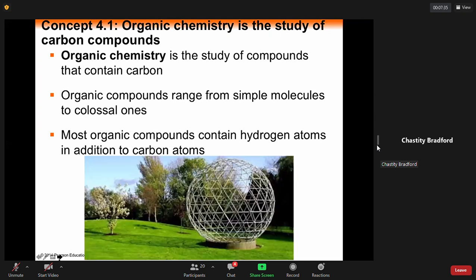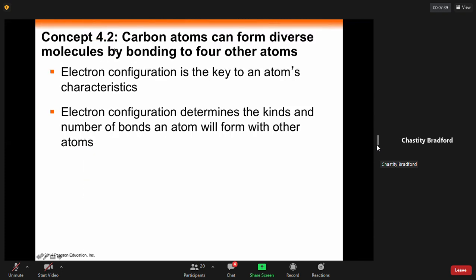So can somebody tell me something else we learned about carbon last time we met? Go ahead. It's unparalleled in the way that it forms bonds. Excellent. So the second concept is related to what you just said. Carbon atoms can form diverse molecules. How do they do that? They can bond to 4 other atoms.